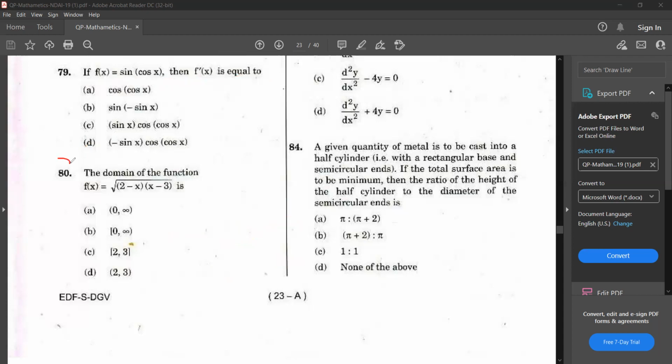Question number 80. The domain of the function f(x) = root of (2 - x)(x - 3) is... you have to find the domain of this function. Please try on your own and comment your answers.